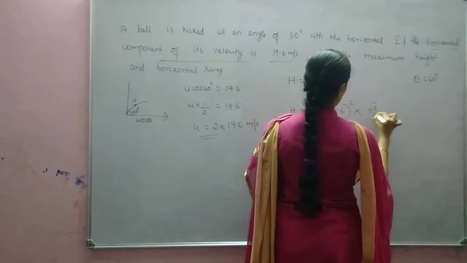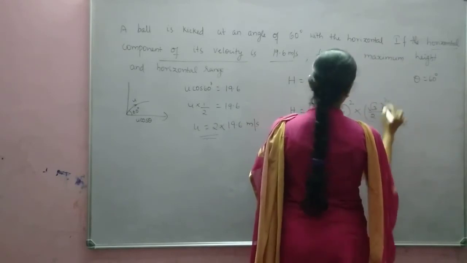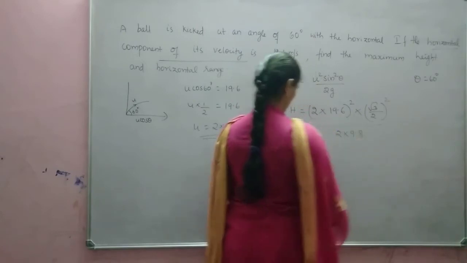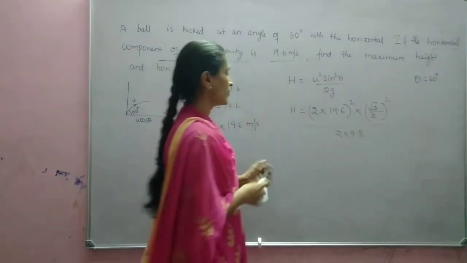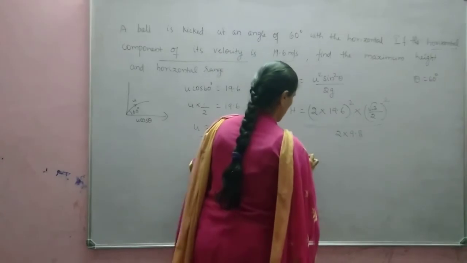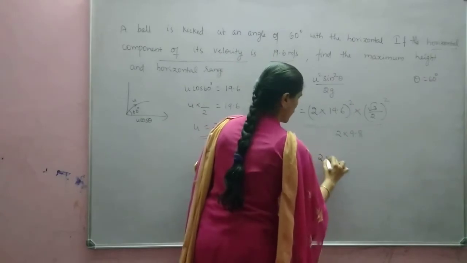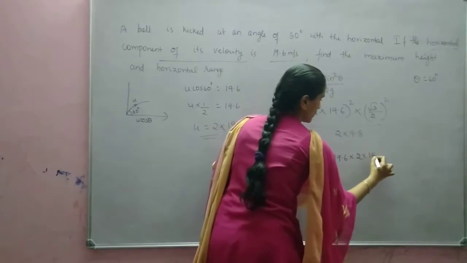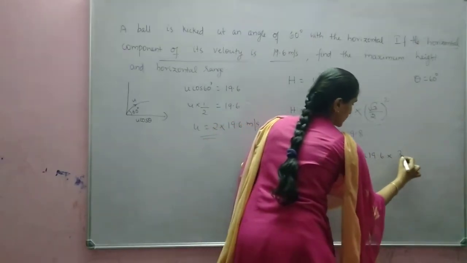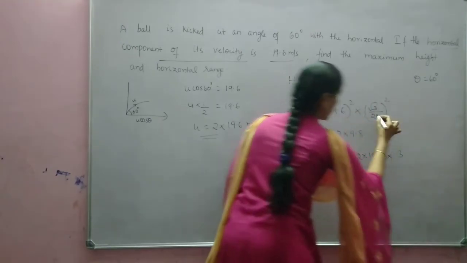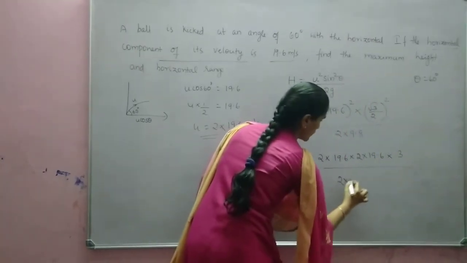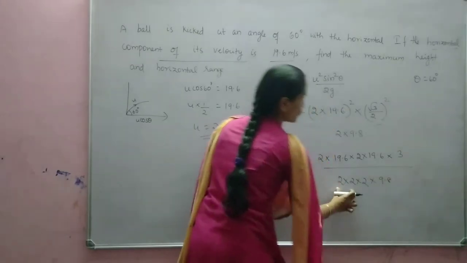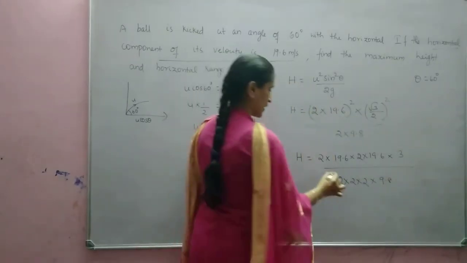You can write root 3 by 2 the whole square divided by 2 into 9.8. We can simplify it. We can write H is equal to 2 into 19.6 into again 2 into 19.6 into 3 divided by 2 square, again can be written as 2 into 2 into 2 into 9.8. How these two came? Because of 2 square. Okay. We can simplify it.